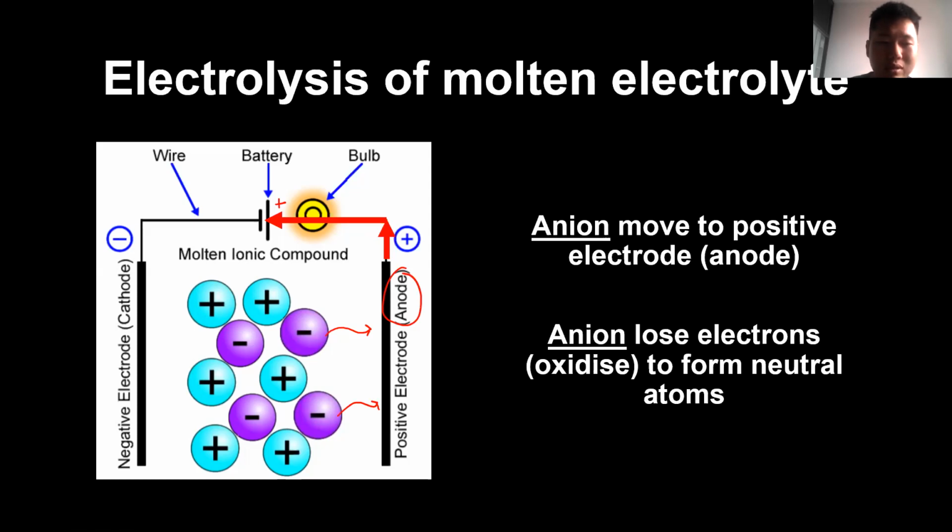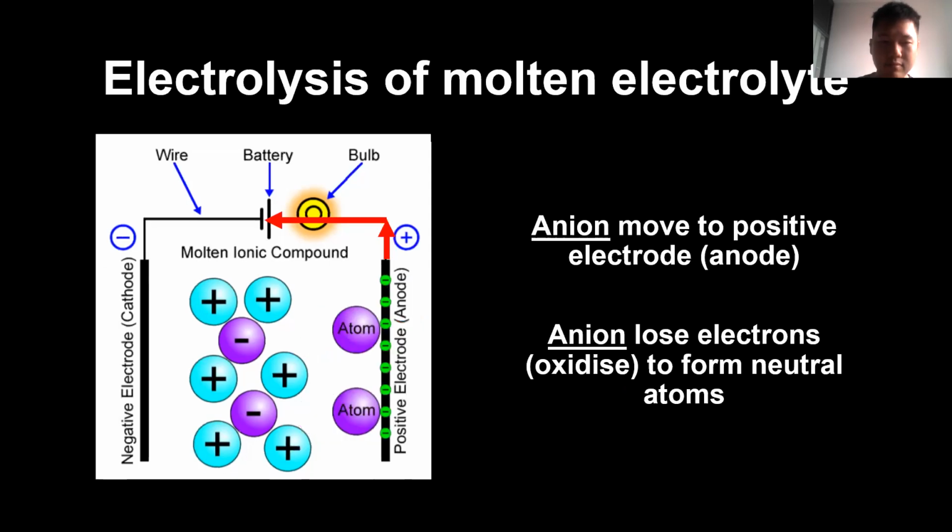So not only will these anions move to the positive electrode, they also engage in chemical reactions. The reaction happening there is oxidation: the anion loses electrons to form a neutral atom. We can see over here the ions become atoms, and the electrons will be on this positive electrode.